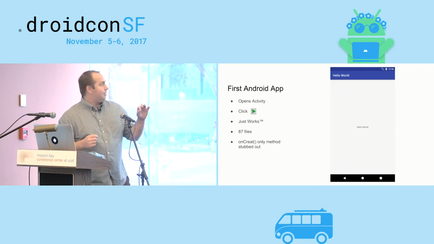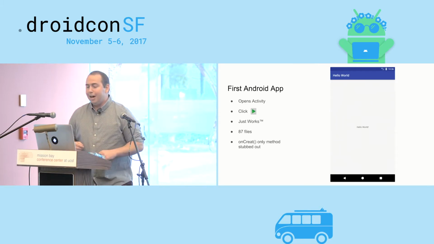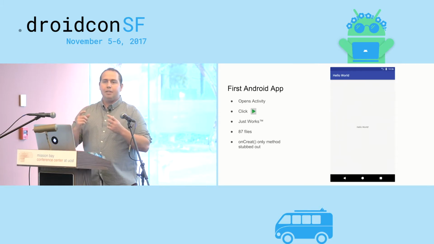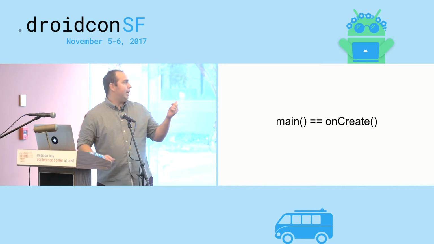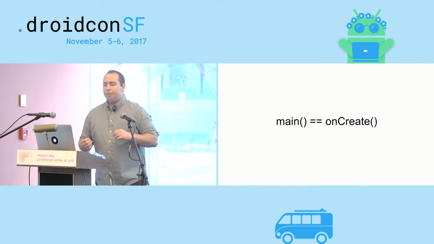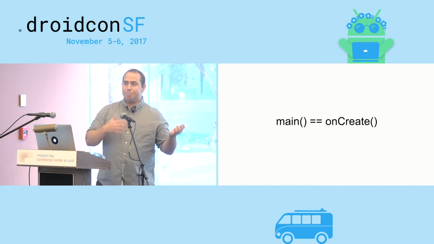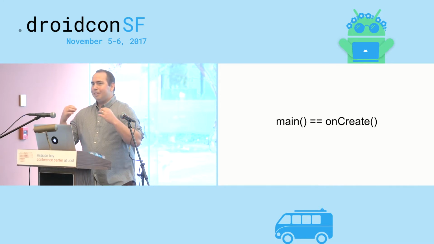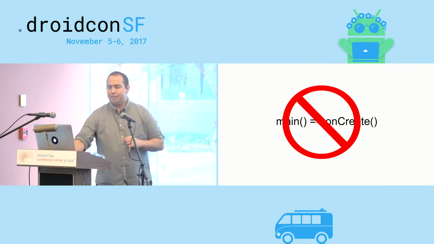And the only thing that's stubbed out, and I misspelled onCreate there, the only method you get is onCreate. So you create this false equivalency in your minds that main is onCreate, right? It's an implication that is not explicit, and it kind of screws with your mind a little bit. As we all know, that's not the same case, right?